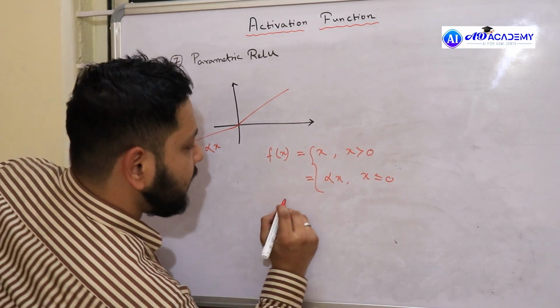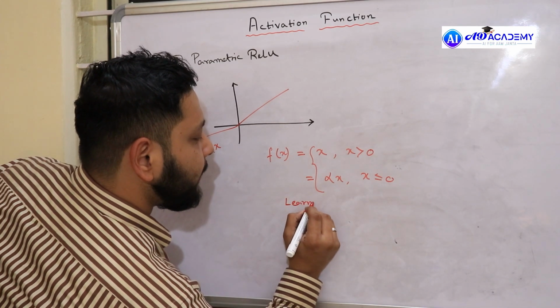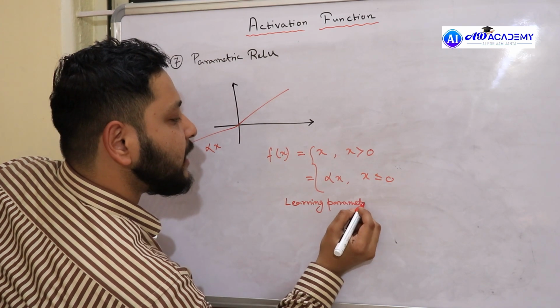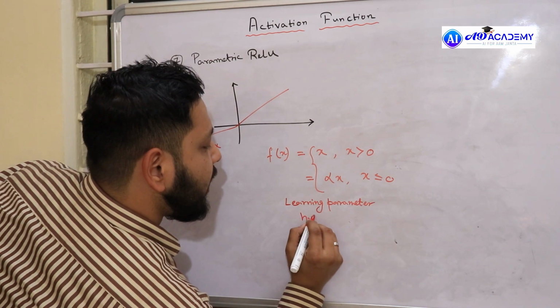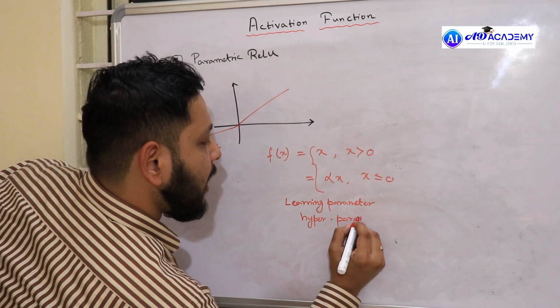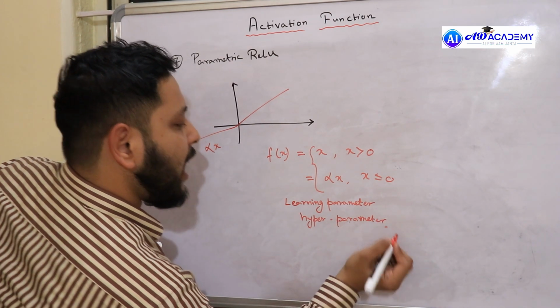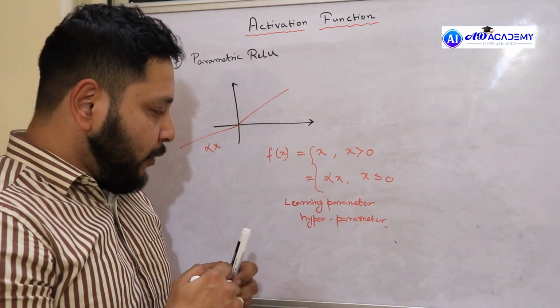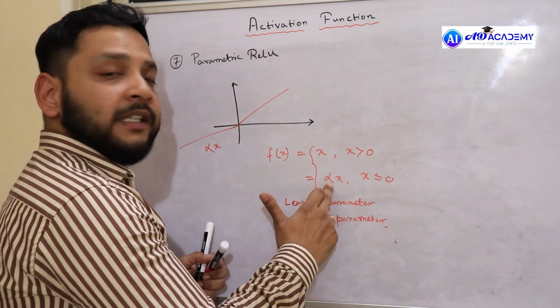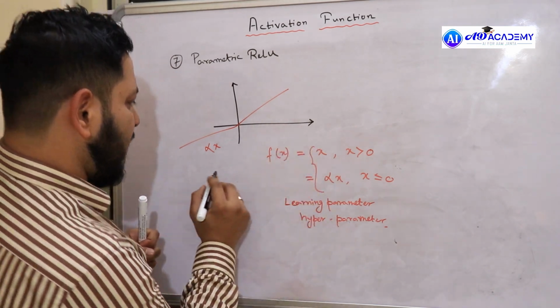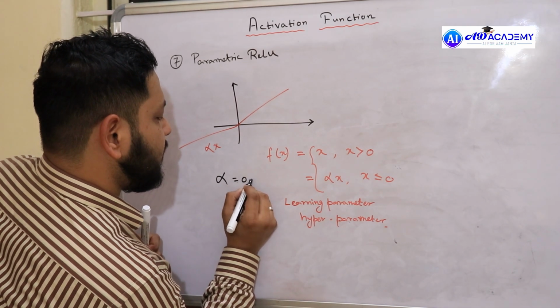And this alpha is actually a learning parameter, or you can say it as a hyperparameter. Hyperparameter means that we have to tune our model giving defined values to this alpha, and generally we take this alpha as, say, 0.01.